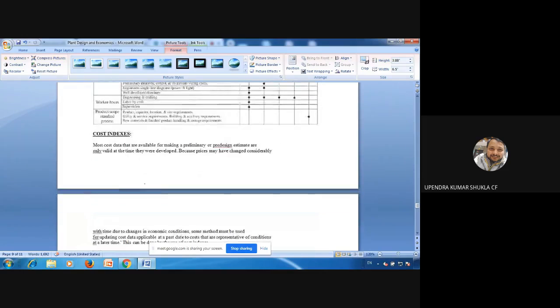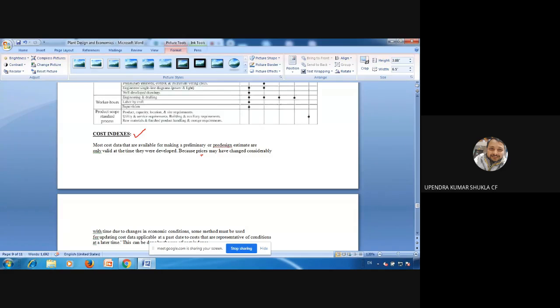these you need to understand, and next you need to understand the cost indexes. This is also very important because most cost data that are available for making a preliminary or pre-design estimate are only valid at the time they were developed, because price may change considerably with respect to time.